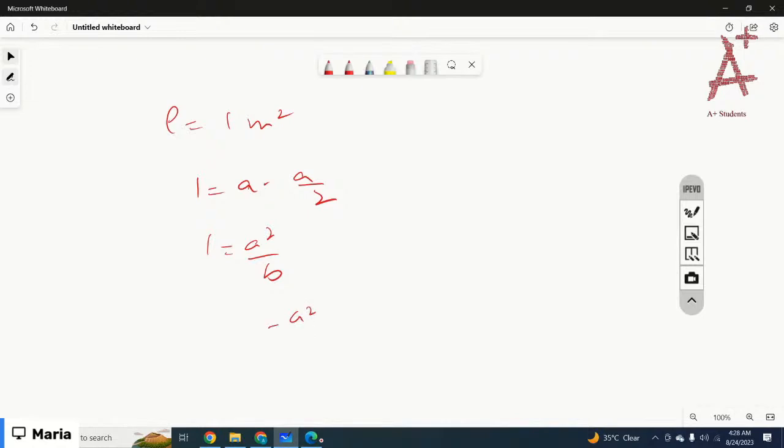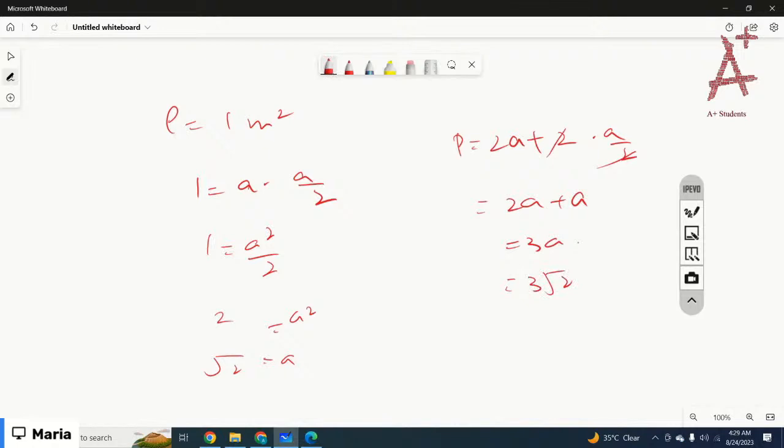So A squared equals 2, and A equals square root 2, right? So now we can use the formula for the perimeter, that is P equals 2 times A plus 2 times A over 2. 2 and 2 cancel out. So you are left with 2A plus A, that would be 3A. And the value of A is square root 2, that would be 3 square root 2.